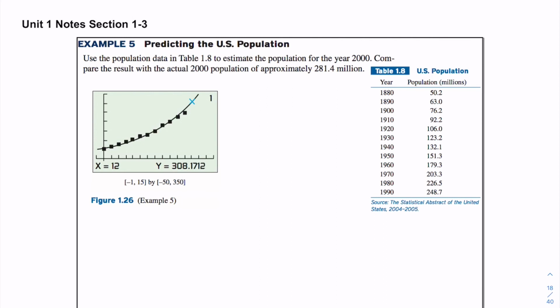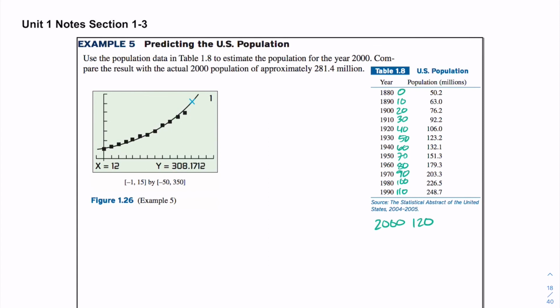So here we're going to put in 0 and 10 and 20 and 30 and 40, 50, 60, 70, 80, 90, 100, 110, and we want to go all the way to 120 using the data set.